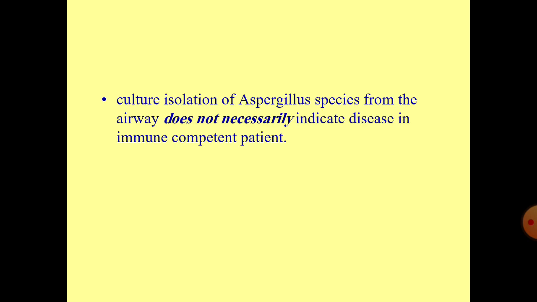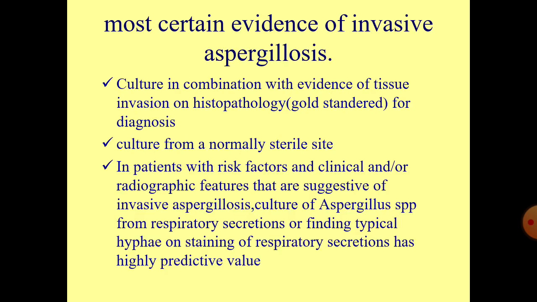Culture isolation of Aspergillus species from the airway does not necessarily indicate disease in an immunocompetent patient. So if the sputum contains Aspergillus, this does not necessarily mean that the patient has aspergillosis. The most certain evidence of invasive aspergillosis is culture in combination with evidence of tissue invasion by histopathology, and this is the gold standard.